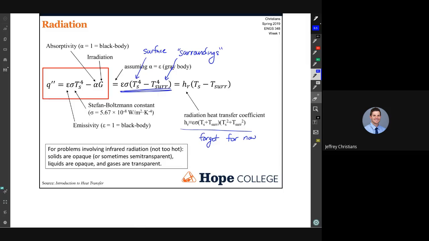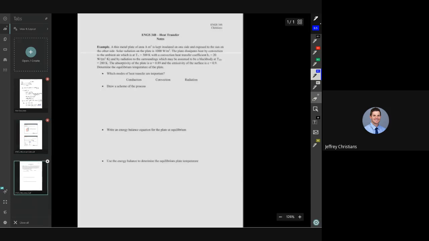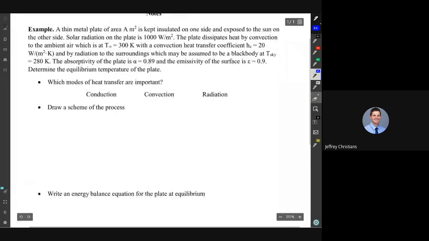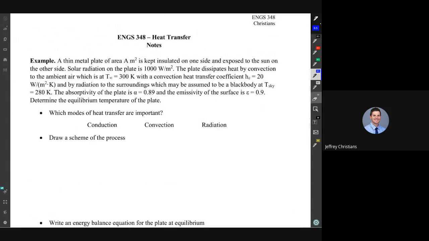Okay, so let's do the problem that you have in front of you. Let's pull up that problem, and we'll hopefully be able to see some things about how we can go about solving more complicated things.